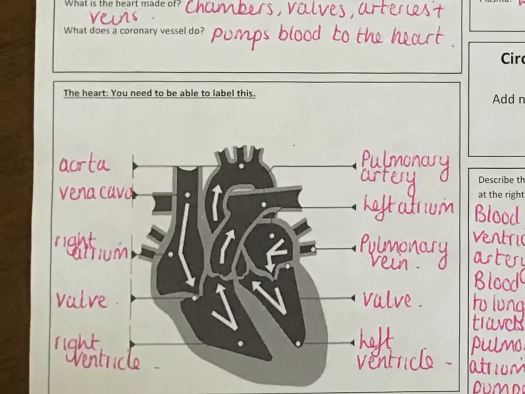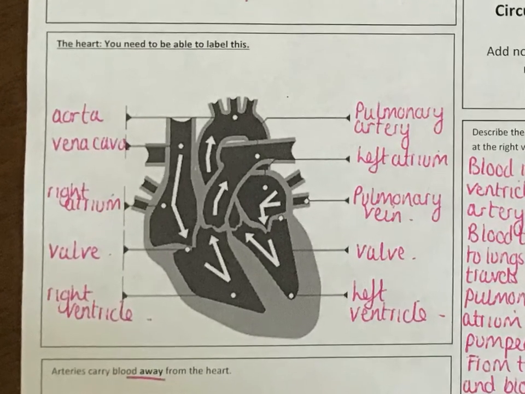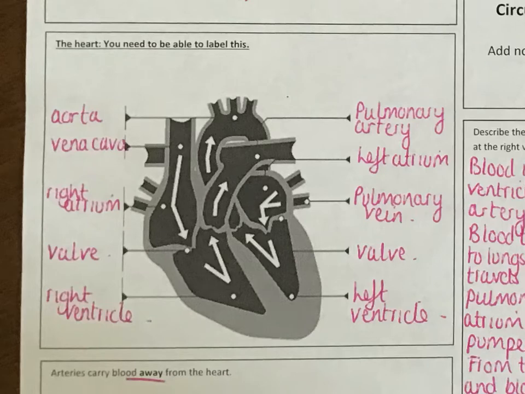Then we need to be able to label our heart. One thing to remember is that the right side is on the left and the left is on the right. If we start from here, this is the vena cava.